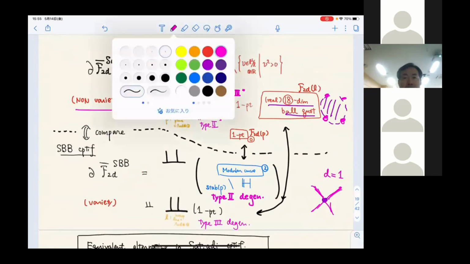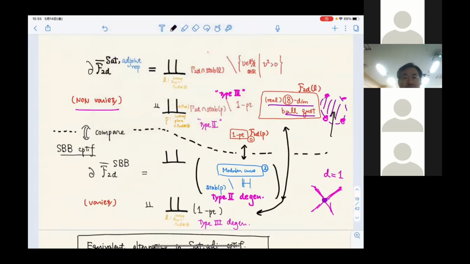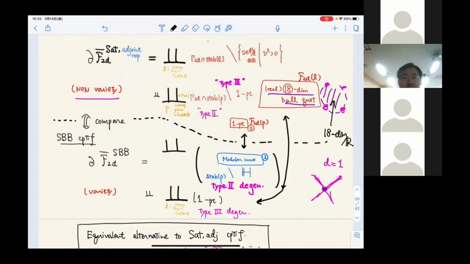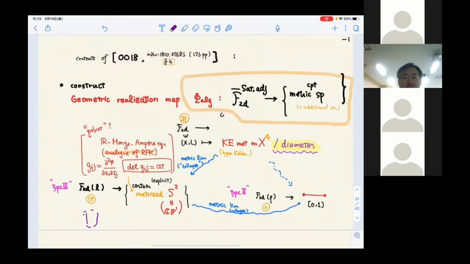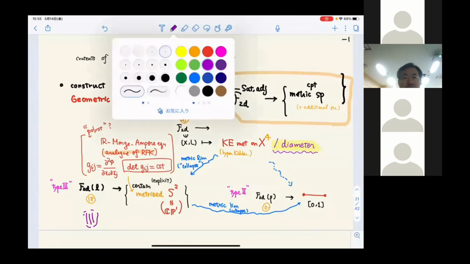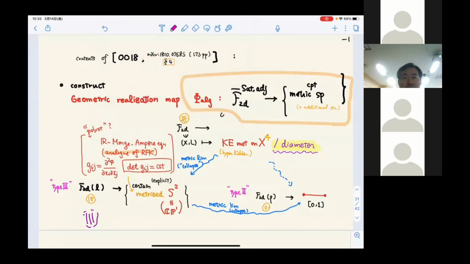The interior of the boundary is 18-dimensional over the real numbers, and this is the part I wrote here. F2D of L is the isotropic line, like here, and here we parameterize some matrices too. And at the remaining 4 points here, we associate some segment, I mean, just the interval.